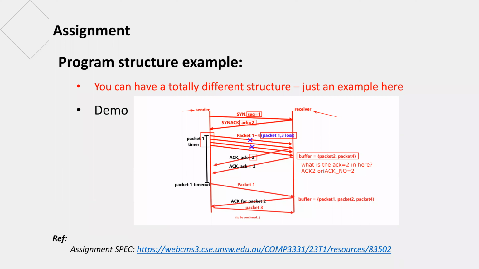So it is ACK number 2, and this one is correct, because we are using the sequence number to do the acknowledgement.